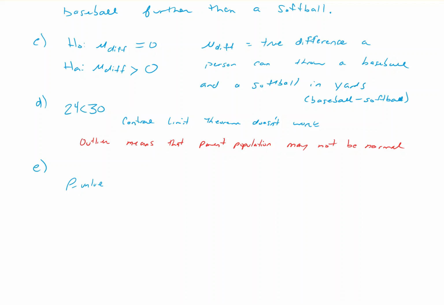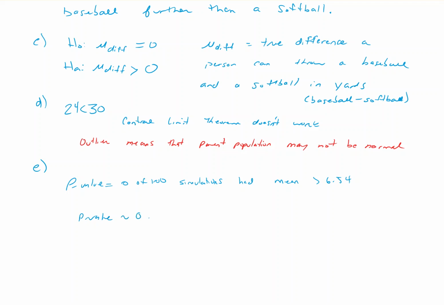And in 0 of the 100 simulations did we have a mean greater than 6.54. So the p-value is effectively 0.